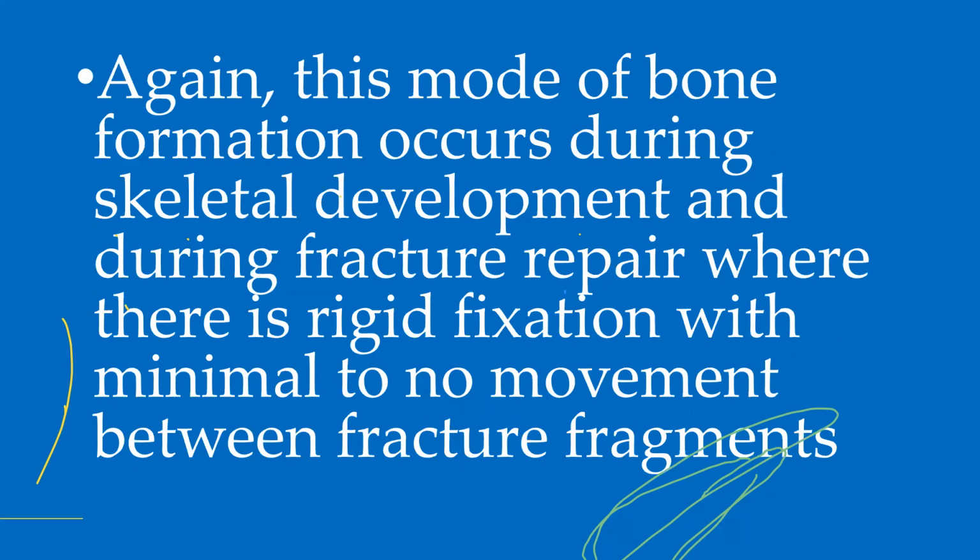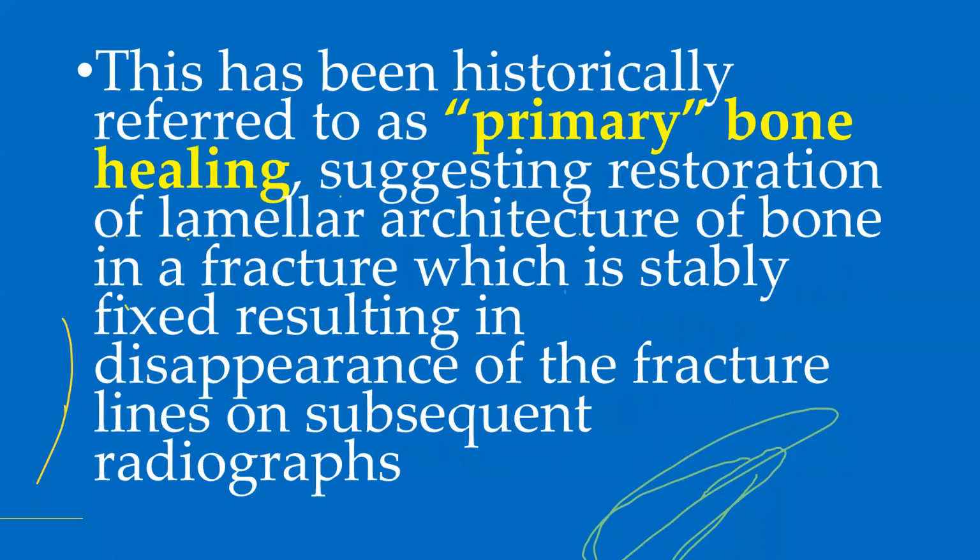Never forget this. This has been historically referred to as primary bone healing. The AO people love it, and they speak about stability. But nowadays, the trend is more to create an elastic zone for better bone formation. This will be discussed later on.